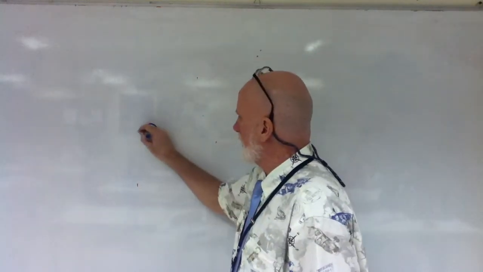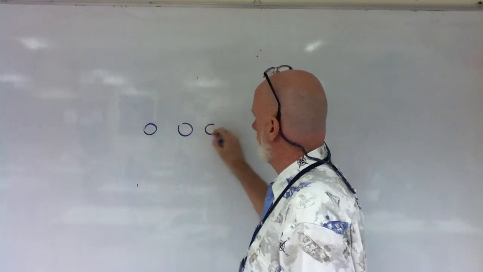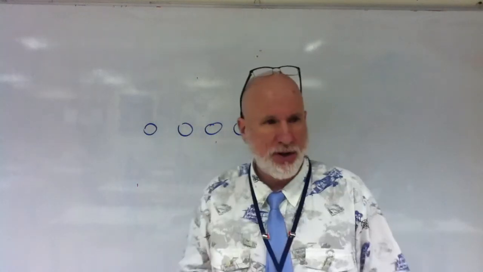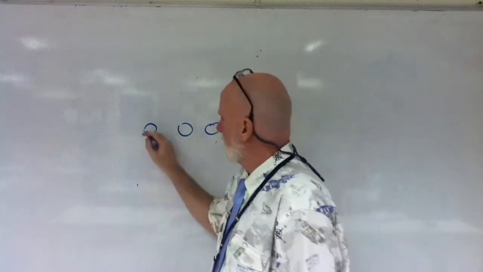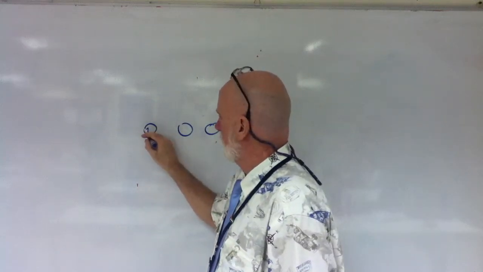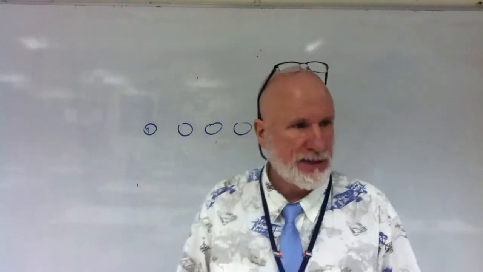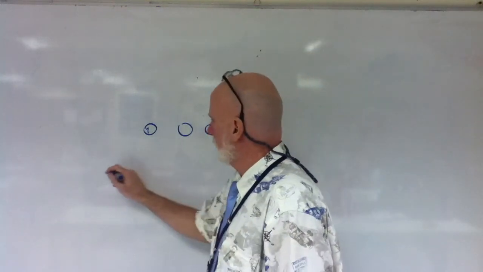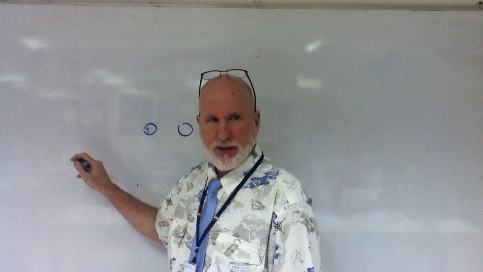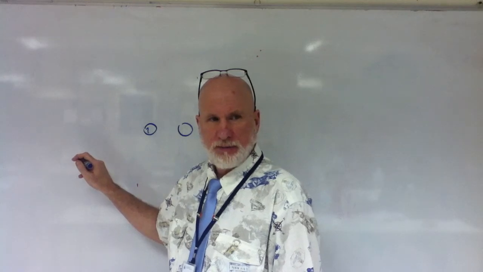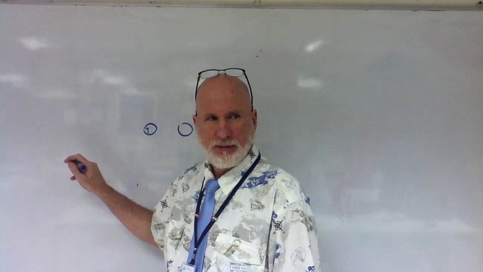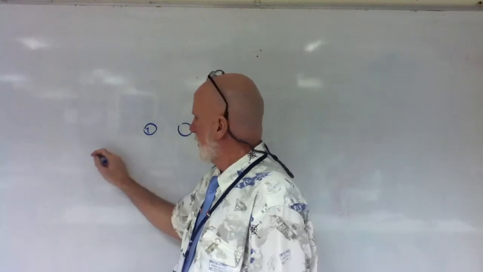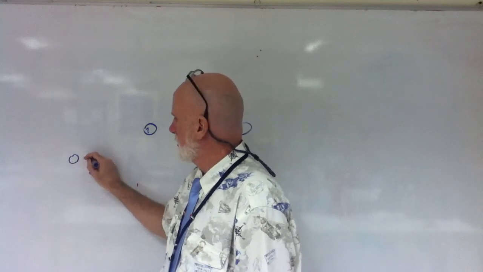So let's look at something called sodium. Sodium looks like this. Sodium has a filling of that. Yes, that's the electron configuration of sodium. Chlorine looks like this.